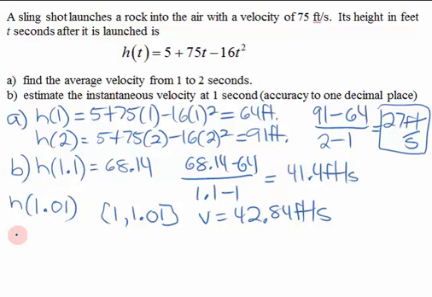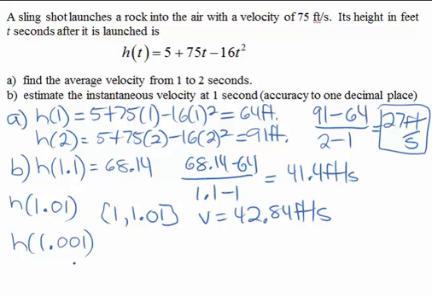Now I look in the tenths decimal place and I see that I have definitely changed things here. So now I'm going to compute the height at 1.001. You could do it at 1.005, or I'm just deciding to do this closer by moving out one more decimal place to the thousandths place. Put this in the function, 5 plus 75 times 1.001 minus 16 times 1.001 squared, and I get 64.042984, which I will then take and subtract 64 so that I can see how far it's traveled on that interval.